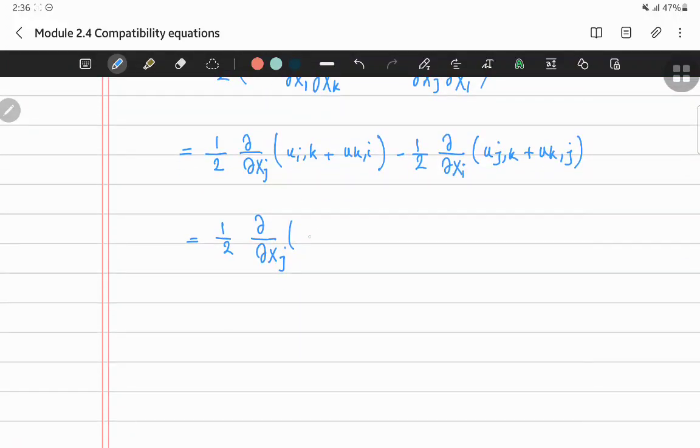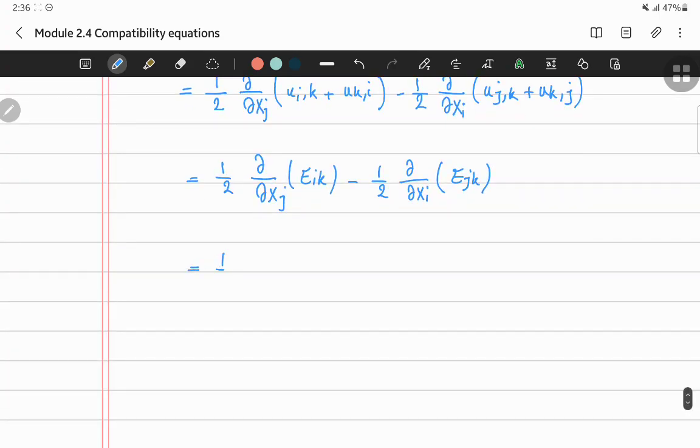So this is nothing but ui,k plus uk,i, or eik, minus half of the partial derivative of, this is uj,k plus uk,j, this ejk.